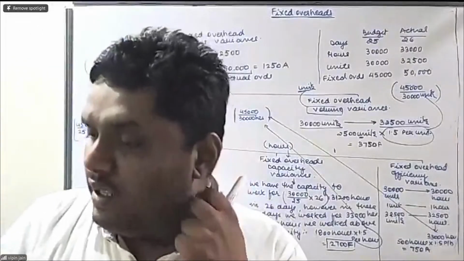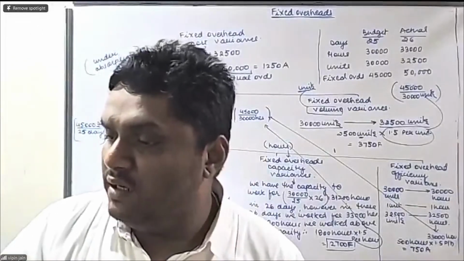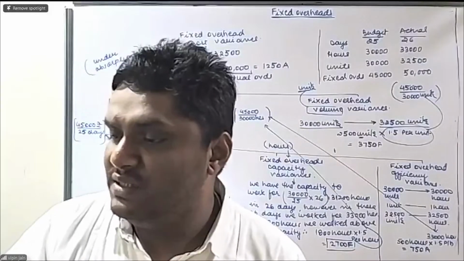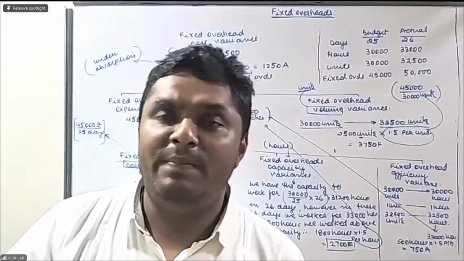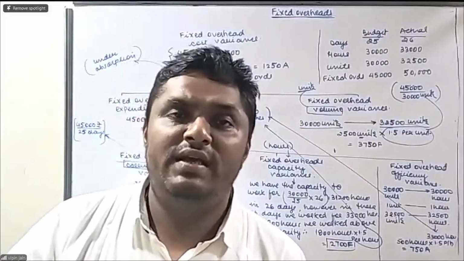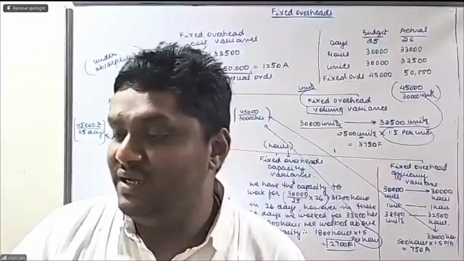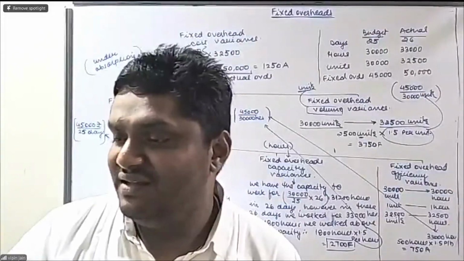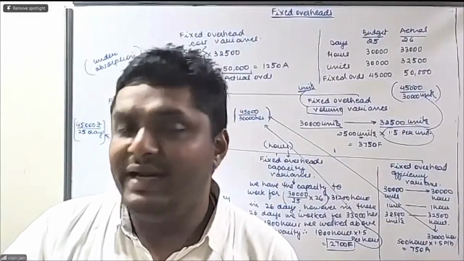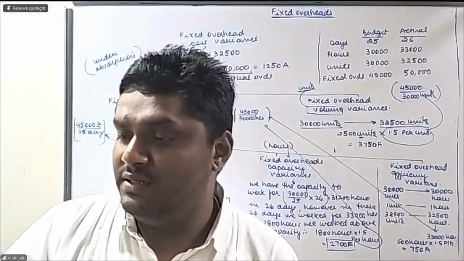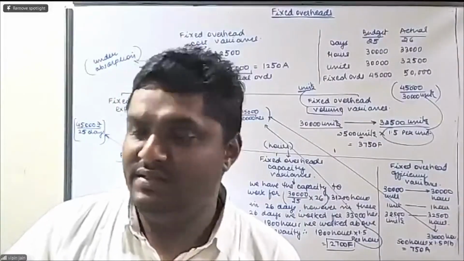Okay, so days worked are 25, but hours worked are 33,000. How is it possible? See, in 25 days, let's say the company has a team of 500 workers. So collectively, they work for 33,000 hours in 25 days, that's what it is.